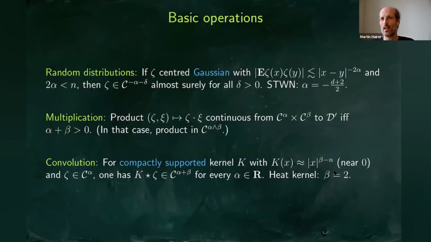Typically the kernels we are interested in are things like the heat kernel, which has a well-behaved singularity at the origin. It diverges at the origin, so in general you cannot test a distribution against such a kernel, because it's not a test function. But you can always convolve it.